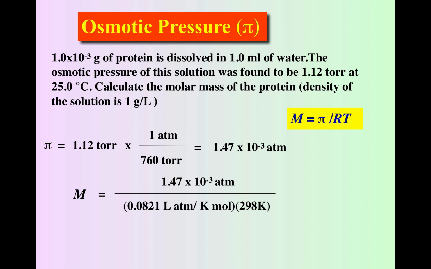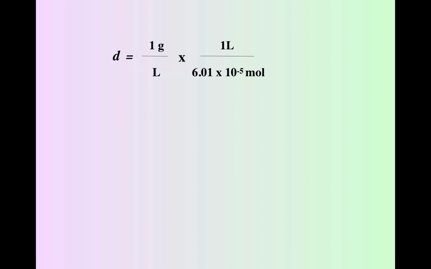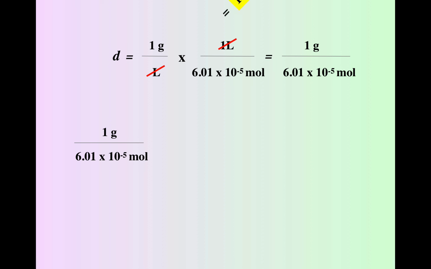And divide atmospheres by liter atmosphere per mole K, and I get moles per liter. So I got the molarity. Multiply the molarity of the solution by the density, and I will cancel liters, and I'll have how many grams per mole I have. So for every 1 gram, I have this many moles. I get the molar mass of this mystery protein.